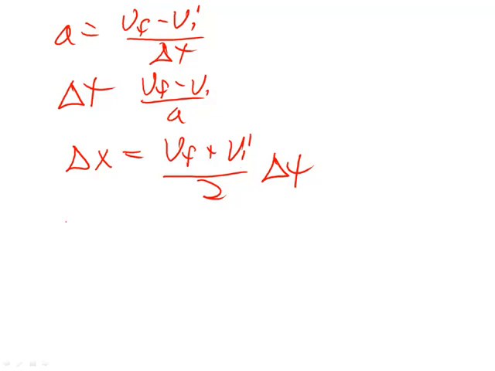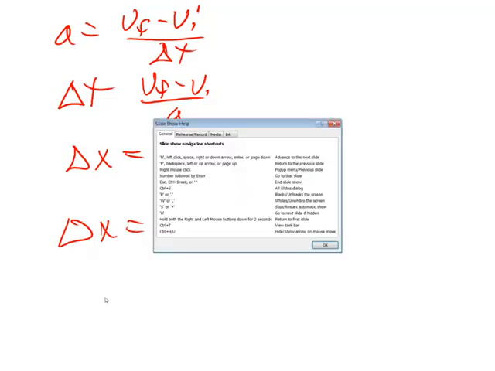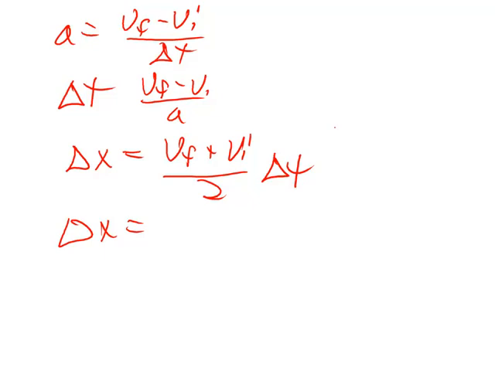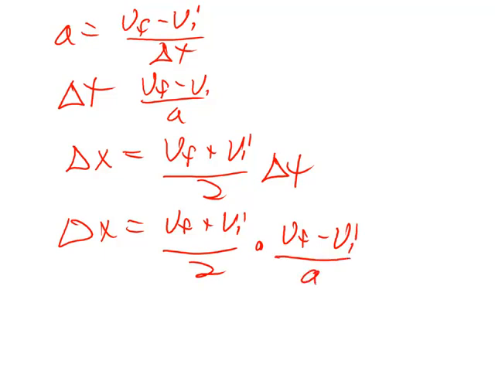All right? So we substitute. And I think you see where this is going. All right, and we just do substitution. And it becomes what? It's (VF plus VI) over 2. And then you're going to substitute what? Times (VF minus VI) over a.